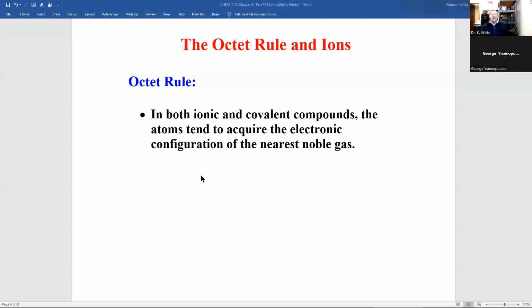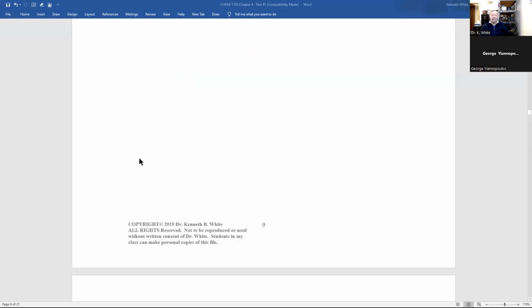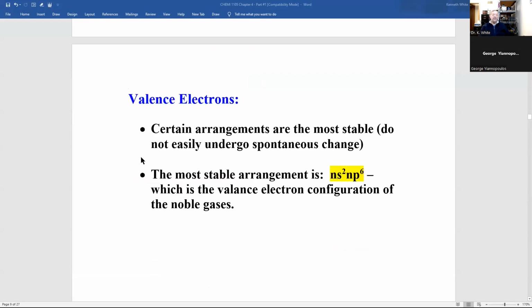So let's take a look at this and how does it apply to chemical bonds. Now, we've already talked about valence electrons. Certain arrangements are the most stable, which means they do not easily undergo spontaneous change.